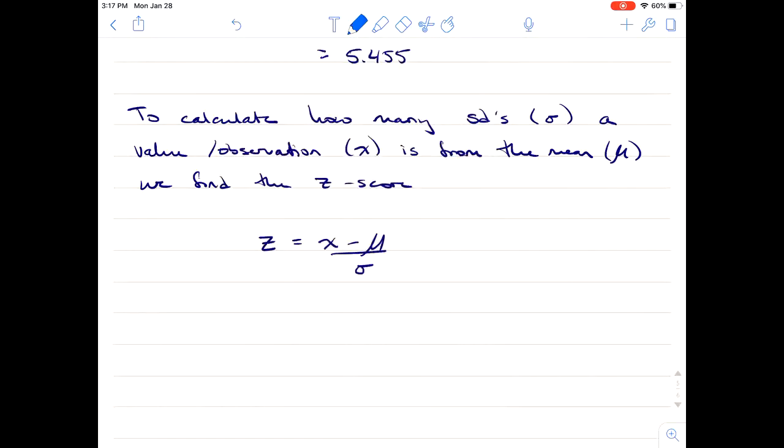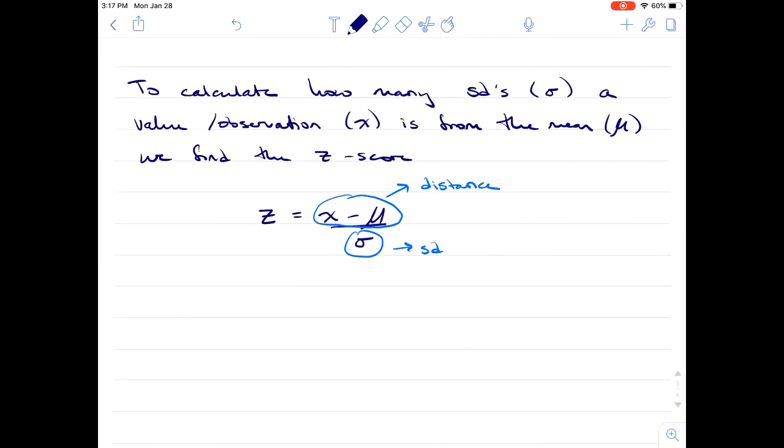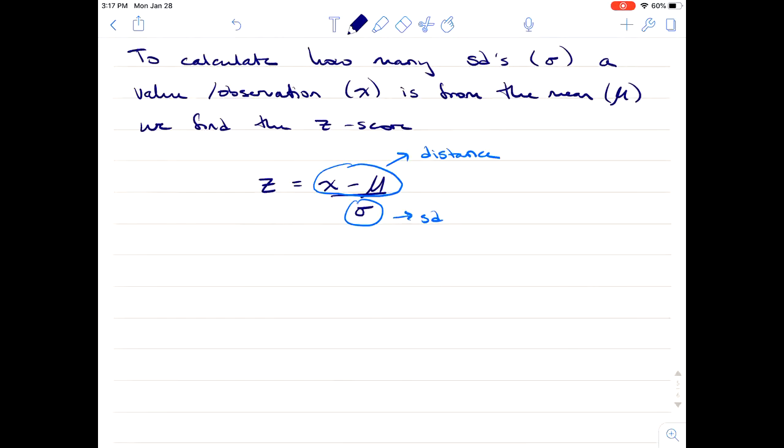But I wanted to show you those 2 quick examples, where you have to figure out how you're doing it in your head, just to show you that x minus mu is actually just the distance over the standard deviation. So we're doing the same thing, but now we have this machine to calculate how many standard deviations x is from mu. So Z is x minus mu over sigma.